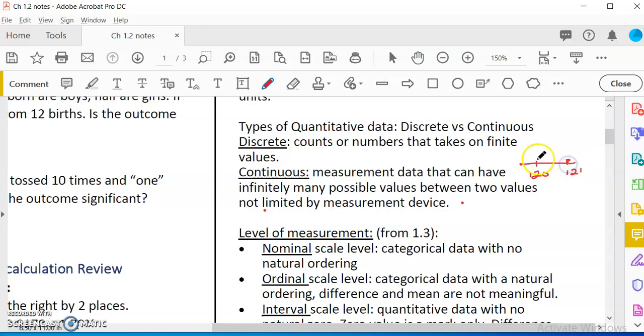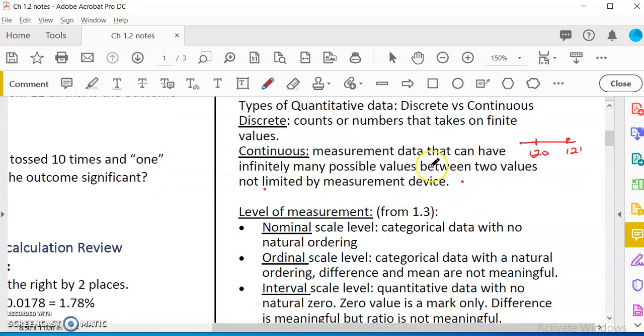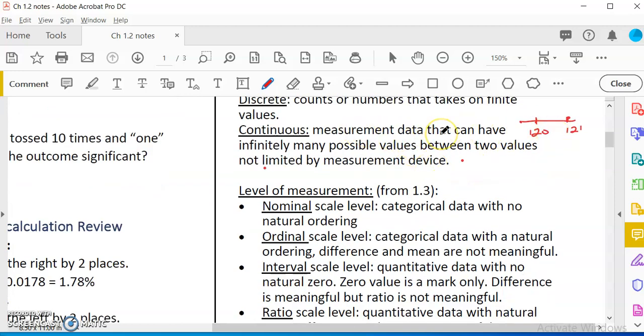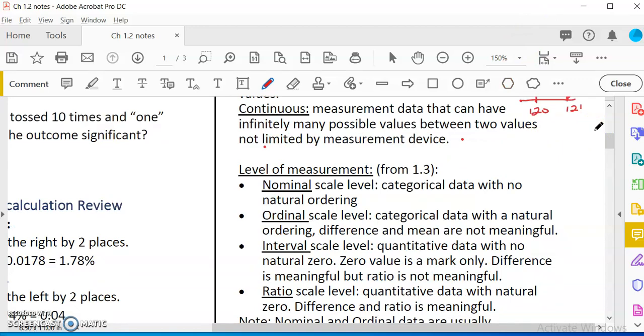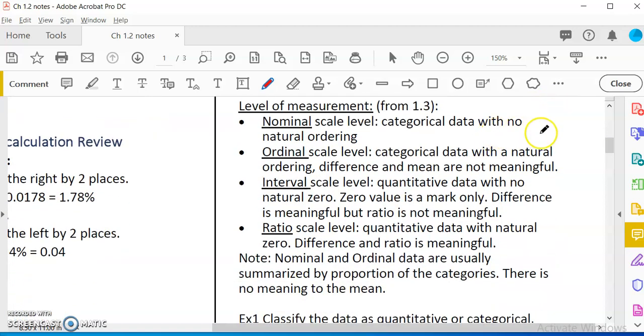Sometimes we round our weight into whole number pounds, but if you have an accurate device, you can measure it up to 120.5266, right? So it's the nature of the measurement. If it can hold infinitely many possible values, it is continuous data. Length, weight, money, time, those are usually continuous data.